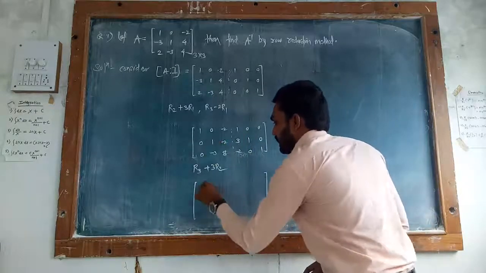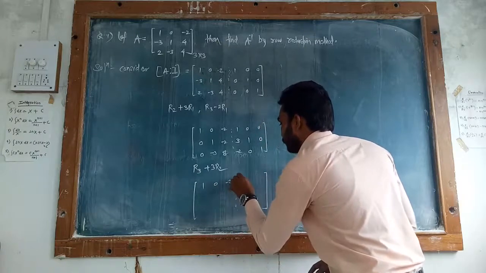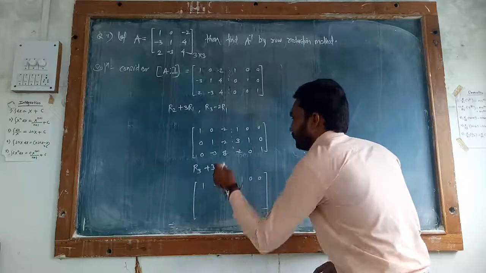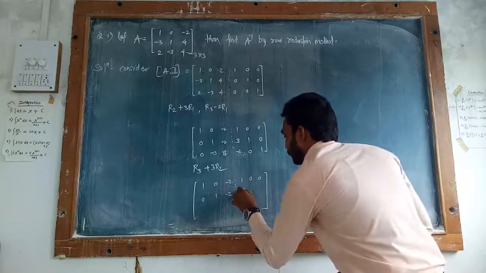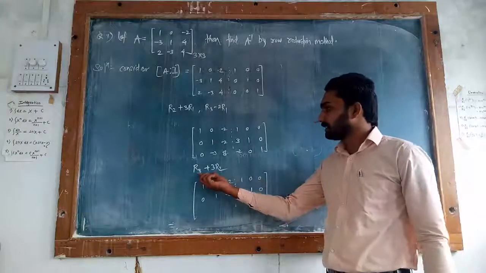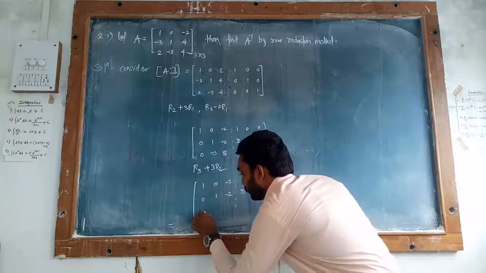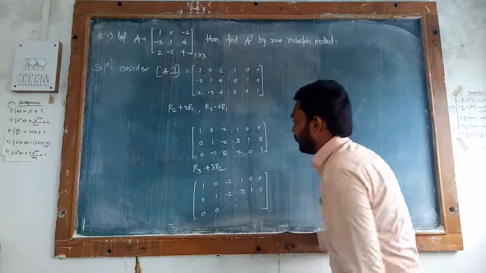your first and second row as it is, that is 1 0 minus 2, 1 0 0, 0 1 minus 2, 3 1 0. For your last one, that is 0 plus 0, 0. Again minus 3 plus 3, 0. Okay.